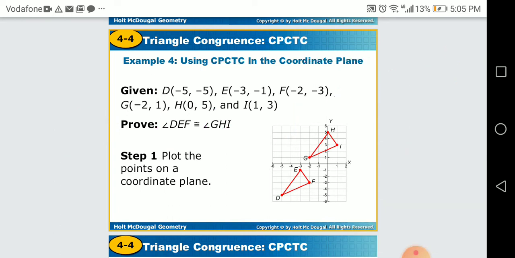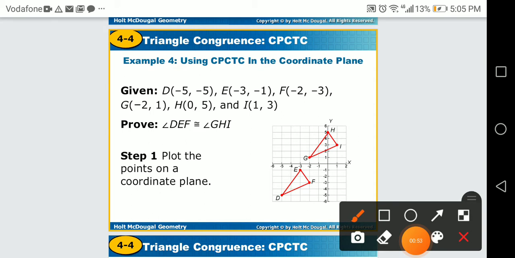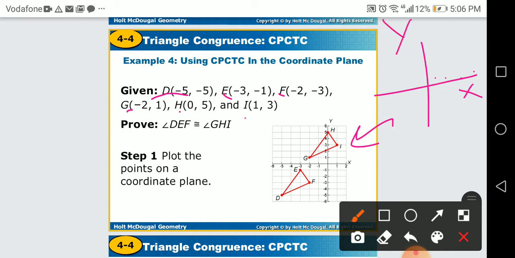Okay, let's see how. I have taken this before in grade 7. Remember? So I have here the letters D, E, F, G, H, and I. D is (-5, -5). On the coordinate plane, I have an empty one, and I have the x-axis and y-axis.